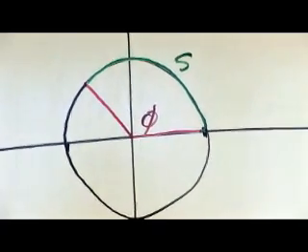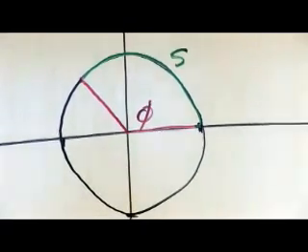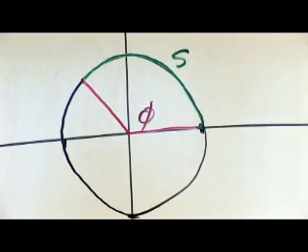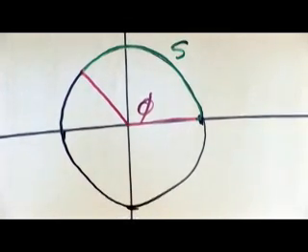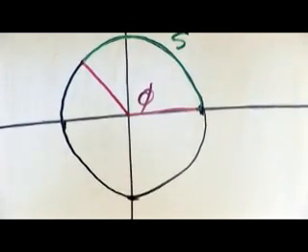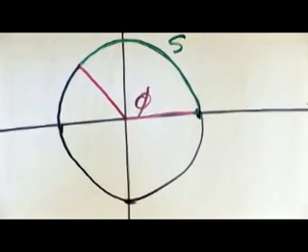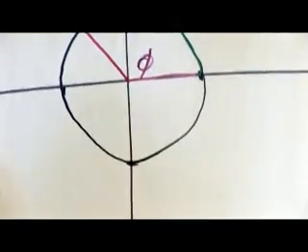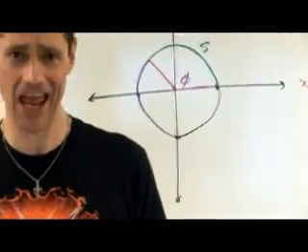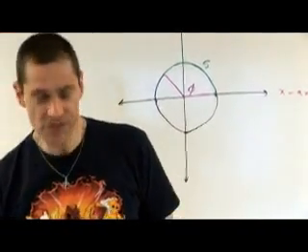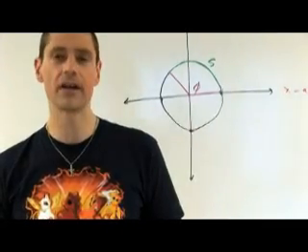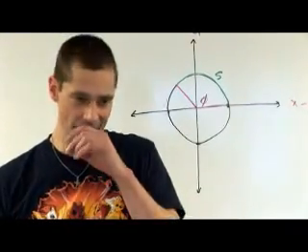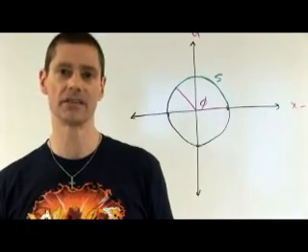We will say that the central angle of theta radians intercepts an arc of length s on the circle, or that an arc of length s is intercepted by the central angle of theta radians. I'm going to say that one more time because I didn't even understand what that was. The use of language in these books is sometimes very weird, and you have to work it a little bit to see what they're talking about.